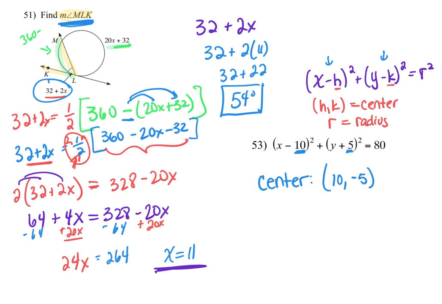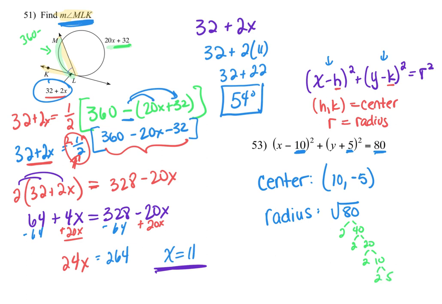All right, my radius. This is my radius squared. So my radius here is the square root of 80. Now it wants it in radical form. So you're going to have to go back to what we did to simplify radicals. Remember your factor tree? 2, 40, 2 and 20, 2 and 10, 2 and 5.